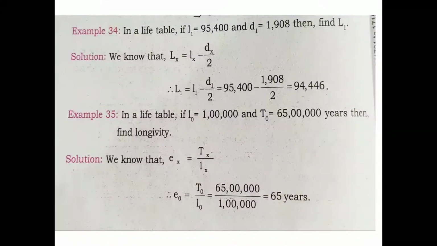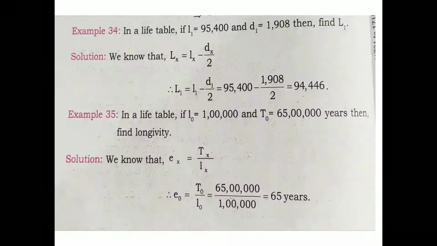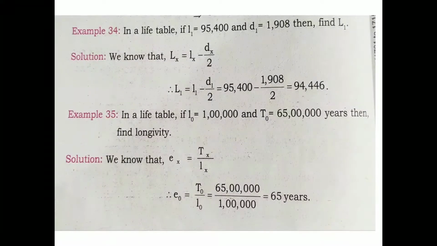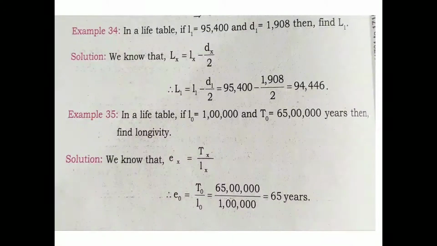So capital L1 is equal to small l1 minus d1 divided by 2, which is 95,400 minus 1,908 divided by 2, which is equal to 94,446.